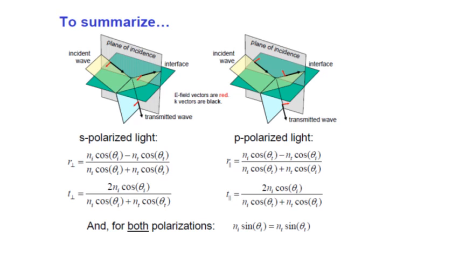Whatever the interface is, there is the plane of incidence, and in the first case the electric field is perpendicular to it. Here we have shown the k vectors in black, so transmitted, incident, everything is shown here.